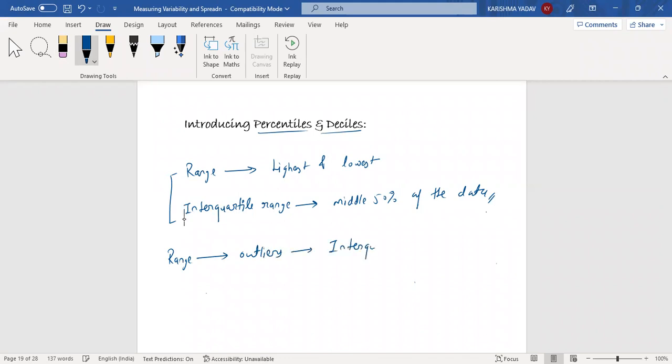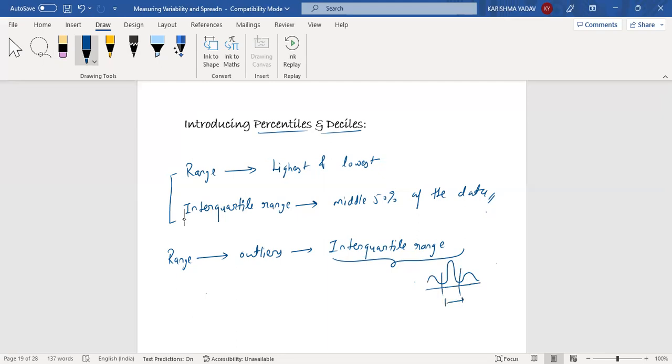The interquartile range is less sensitive to outliers because it uses only the middle 50% of the data set. It cuts down the rest of the 50%, as we did in the previous lectures.